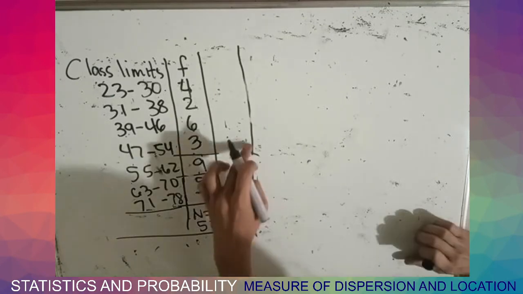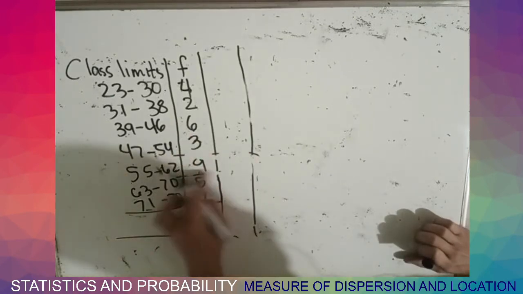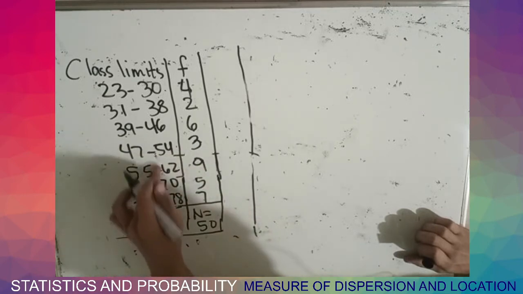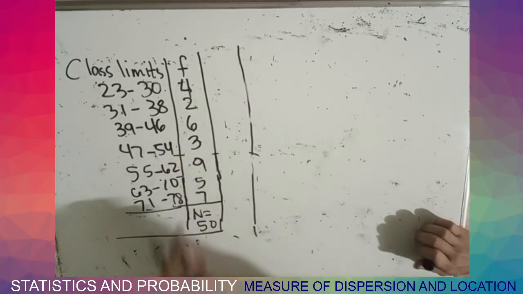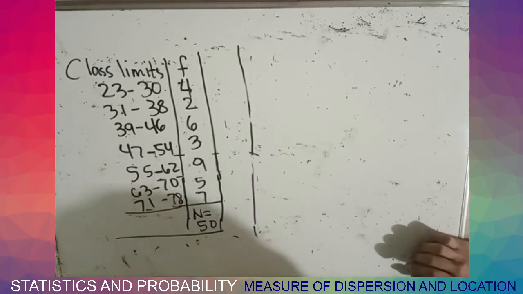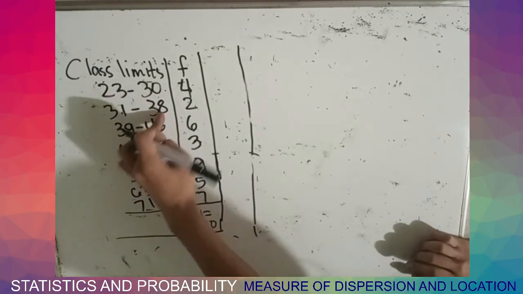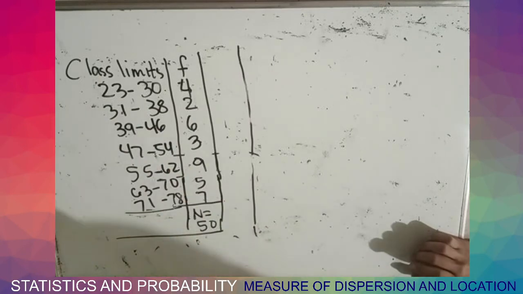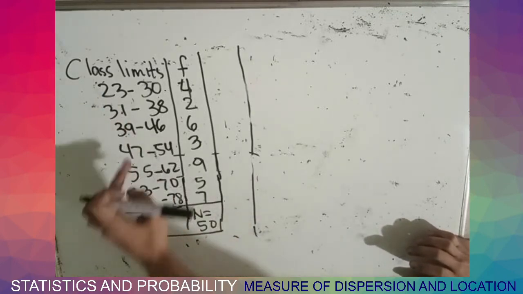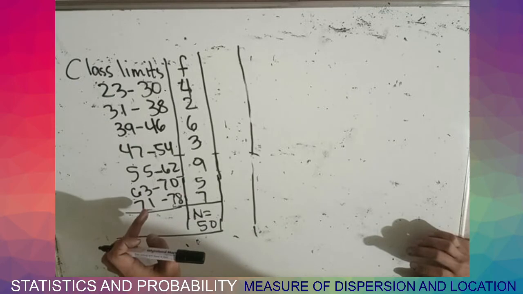Binago ko to 78 since ang interval natin ay 8. 30 plus 8, 38 plus 8, 46 plus 8, 54 plus 8, 62 plus 8, 70 plus 8 is 78. Tama na, 8, 8, 8, 8, 8, 8.